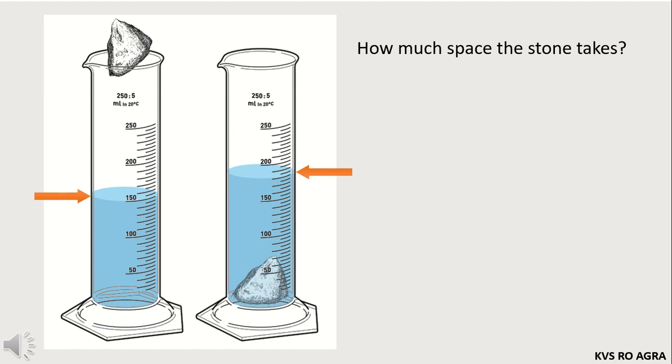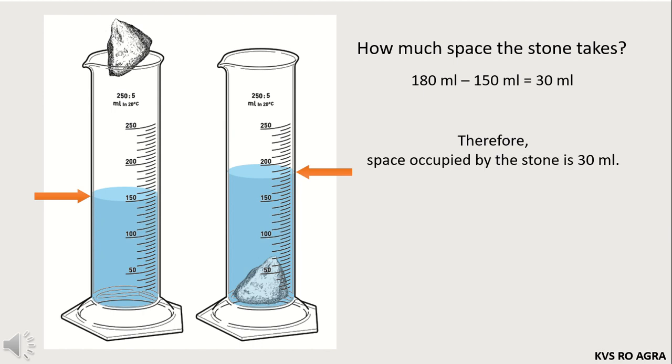So, the stone takes 180 minus 150, which is equal to 30 milliliter. So we can say the space occupied by the stone is equal to 30 milliliter. This space taken up by the stone is called its volume.